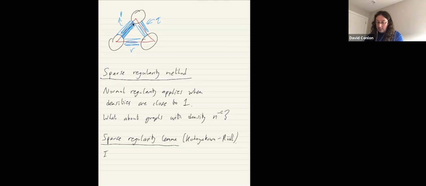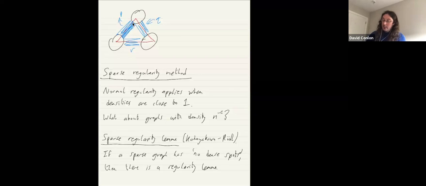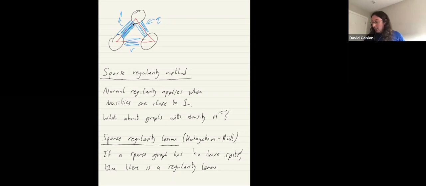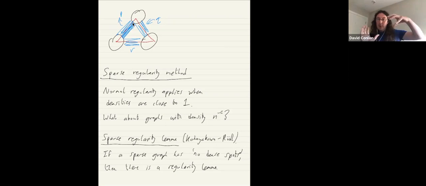So if a sparse graph has no dense spots, then there is a regularity lemma. And what I mean by this is you have your graph, it has some low density. And what you want to be able to say is nowhere in the graph, basically you don't want all the edges clustered in one small spot, because if all the edges are clustered in one small spot, that small spot could end up being an irregular pair.